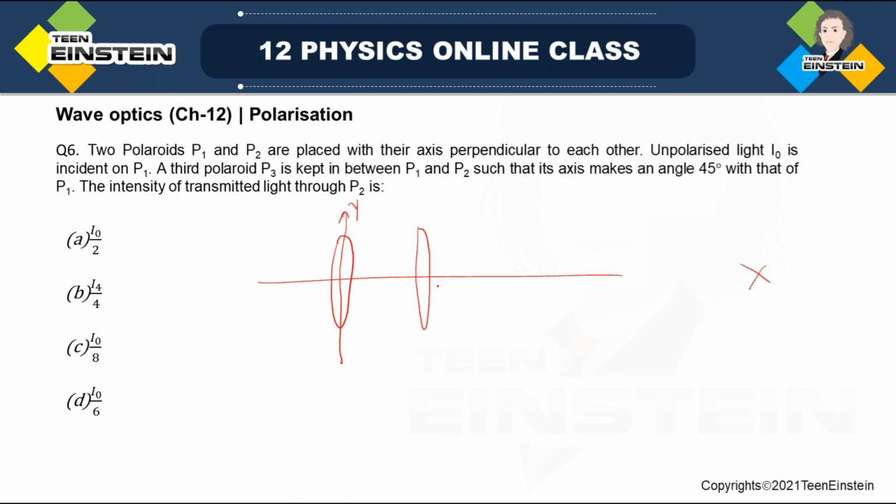Suppose this is the x axis, and this guy has pass axis along x direction. So their pass axes are perpendicular to each other. Some unpolarized light having intensity I0 enters like this.